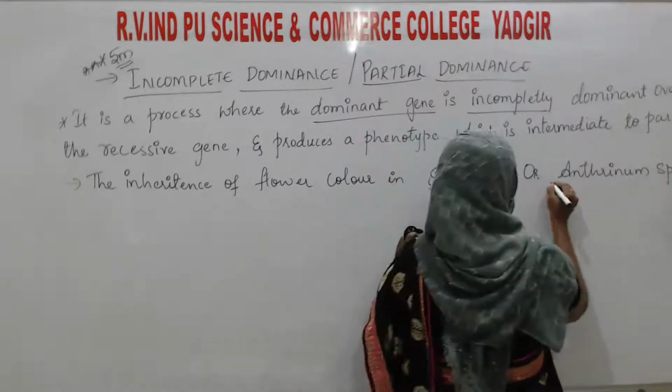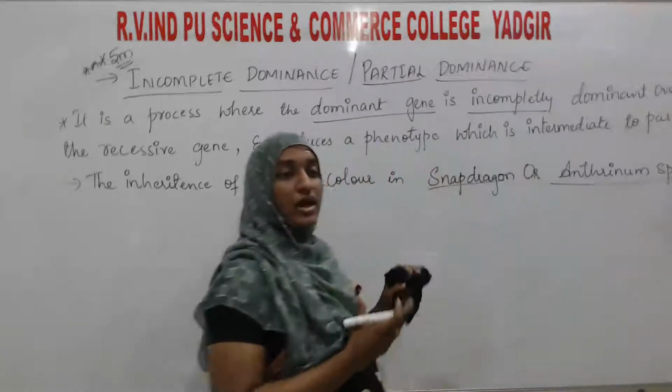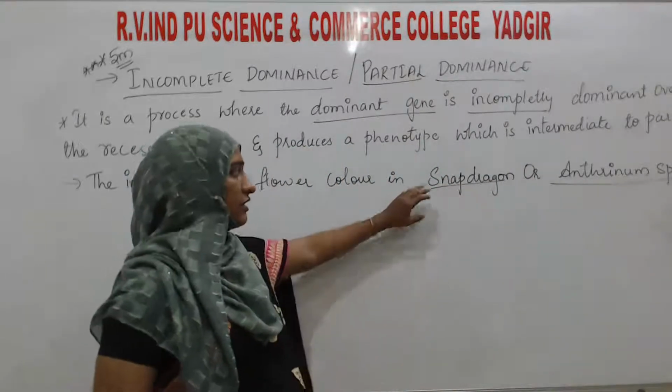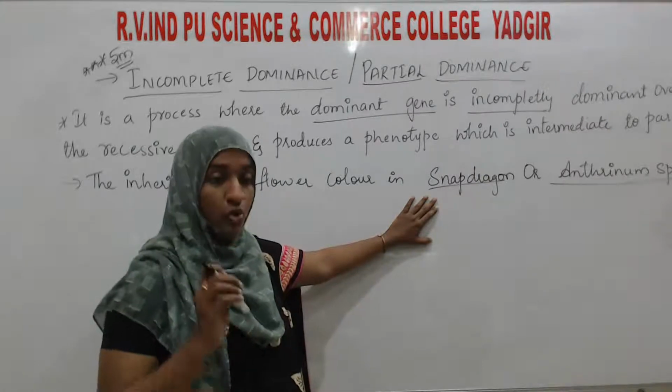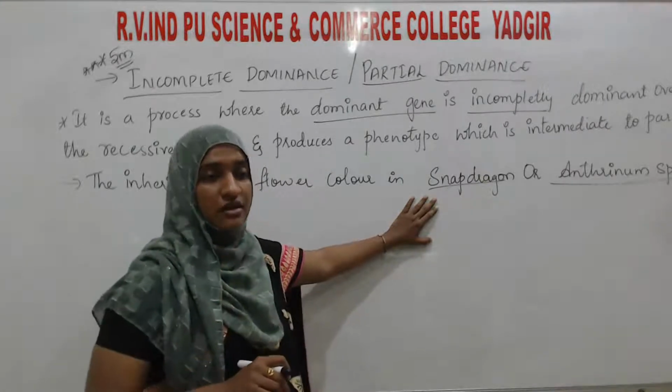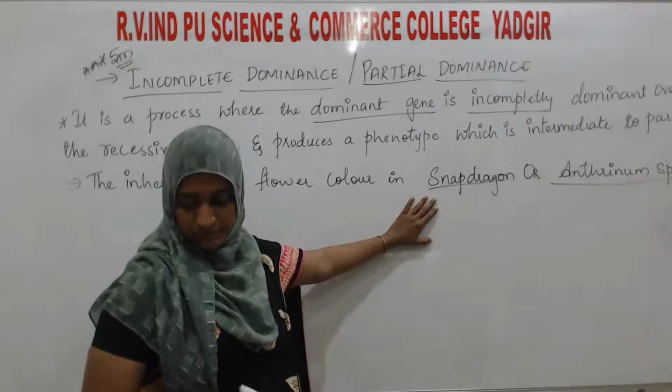This is the name of that particular flower. What is it? Snapdragon or Antirrhinum species. It is a good example to understand the incomplete dominance.